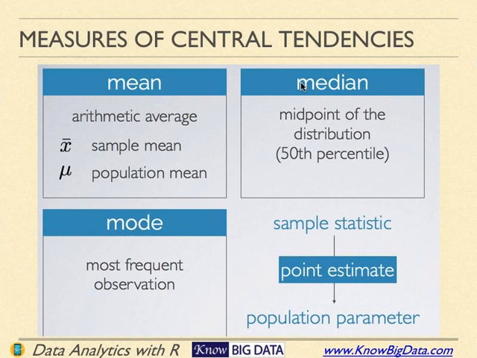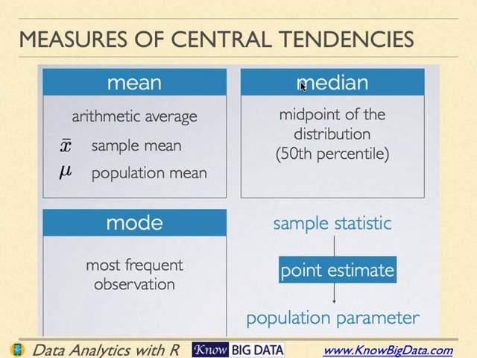Now, when we talk about any data, we talk about a central tendency. How do we say that this is the middle point? On what basis can we say? One is your mean, where we take the average of all the values.